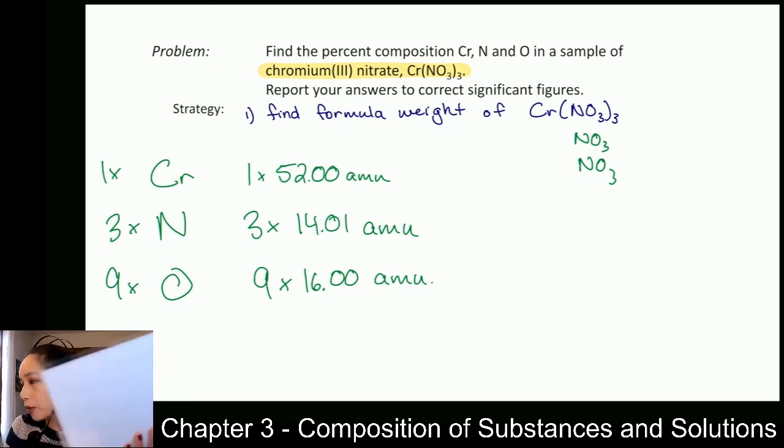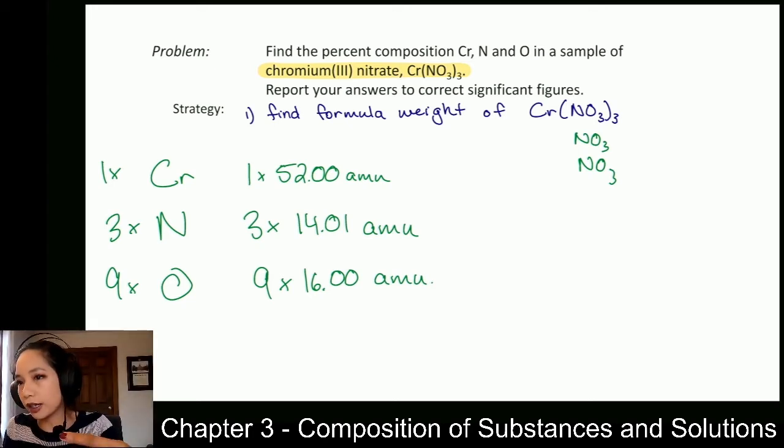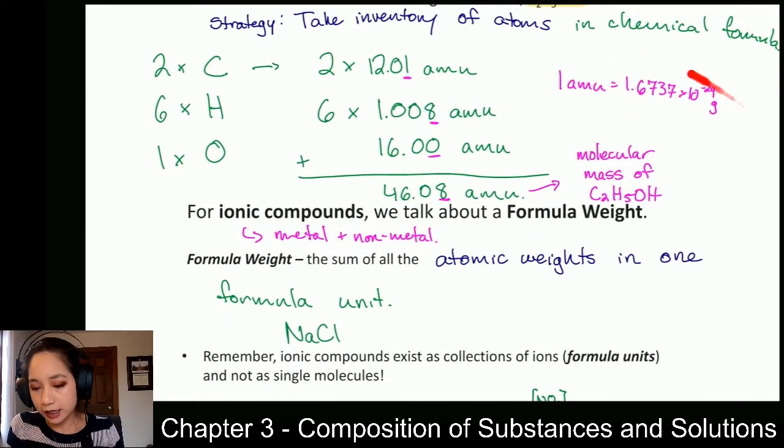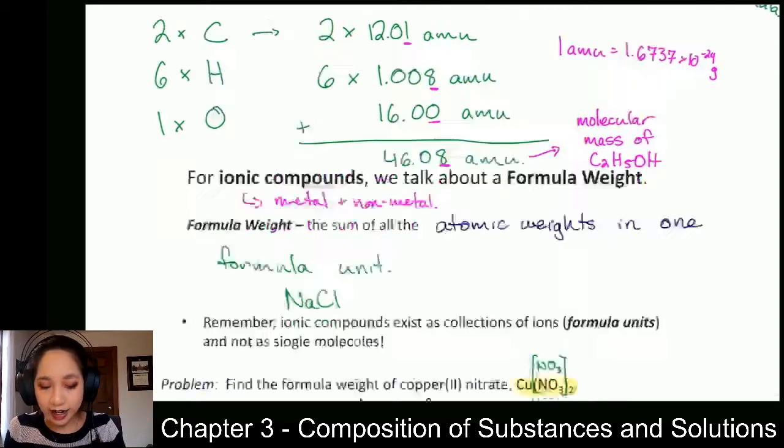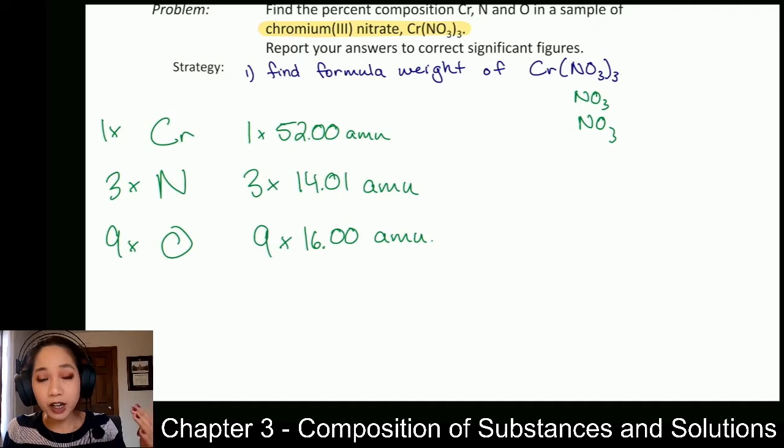And remember, since our goal here is to calculate percent composition, it's the percent by mass of every element. Remember, AMU is a unit of mass. Remember how up here we related it? It's a tiny, tiny fraction of a gram. So AMU is a unit of mass.